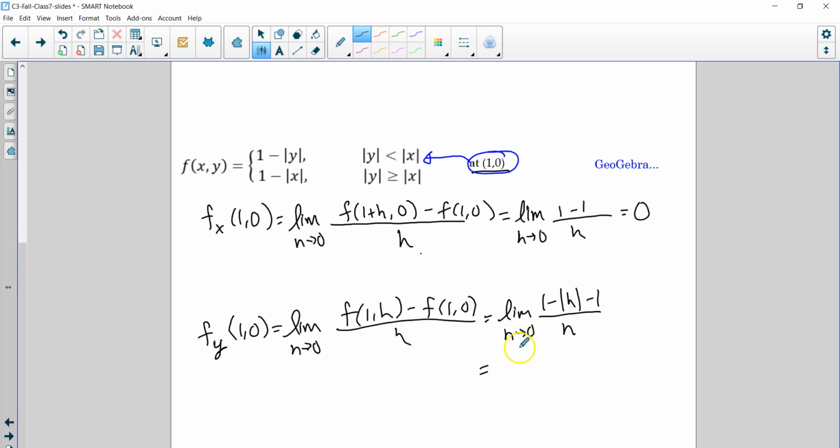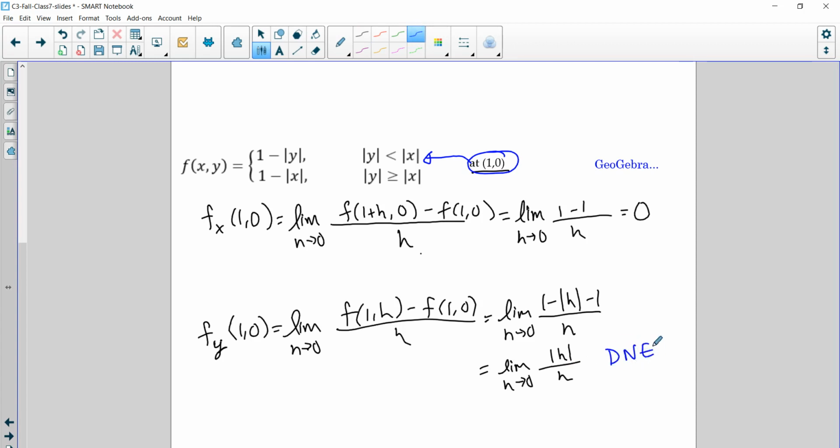Okay, and then the 1's are going to cancel, so I'm left with the limit as h approaches 0 of absolute value of h over h. Now, if you say that this is going to cancel, I'm just going to cry. Okay, that doesn't, no. We're going to get plus and minus 1, and because of that discrepancy, we're going to say that this doesn't exist.